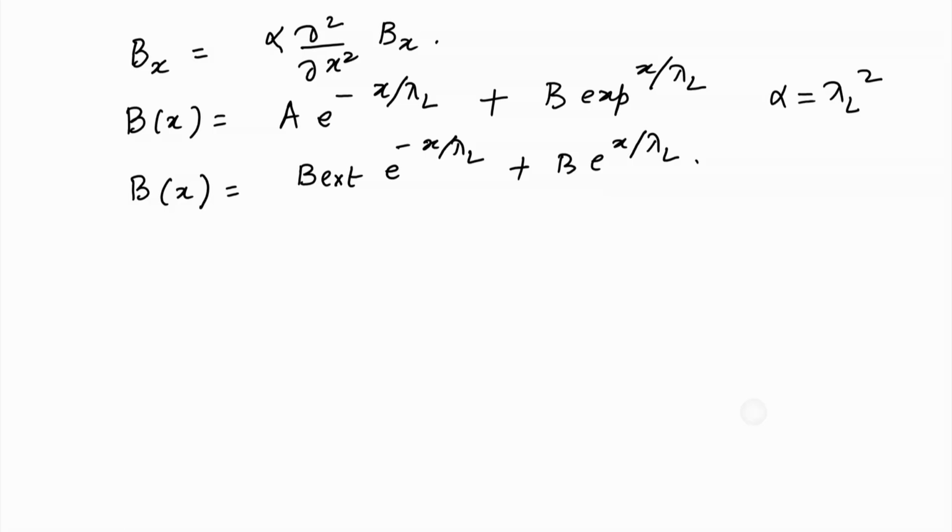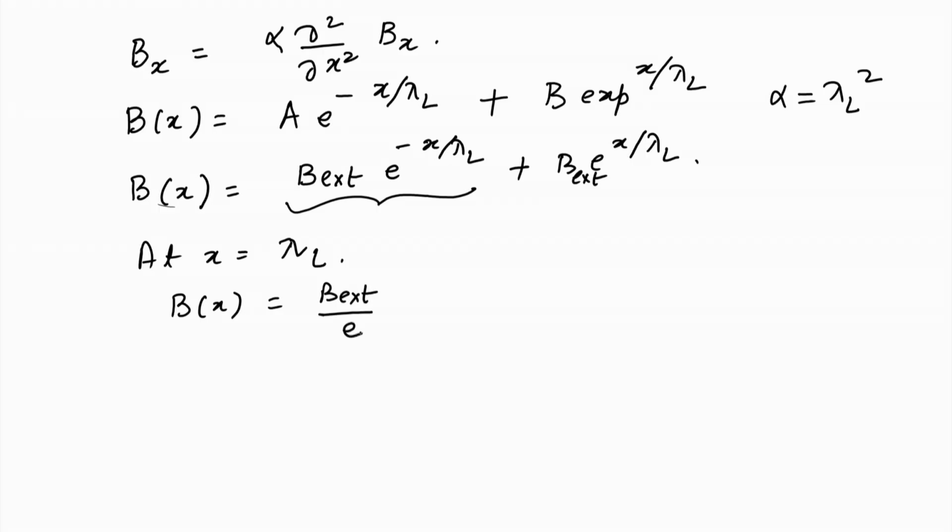So, we can only talk about the first term, and this term says that the B which exists inside the superconducting sample falls off as exponential minus x over lambda_L. So, at x equal to lambda_L, B_x equals B external divided by e, which is e to the minus 1.